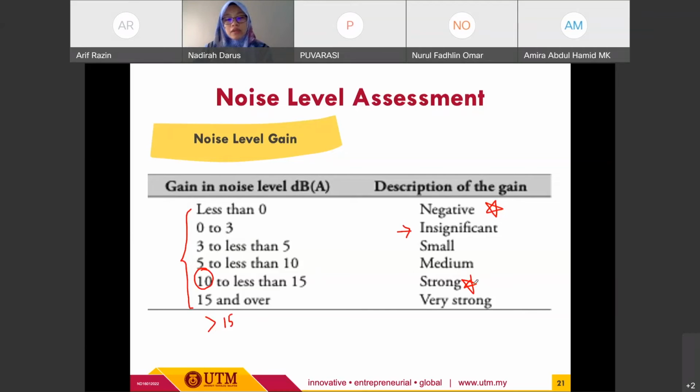So this one is very severe lah, a severe condition, which may affect anyone who is exposed to that excessive noise. Okay, so that one is in terms of noise level gain.